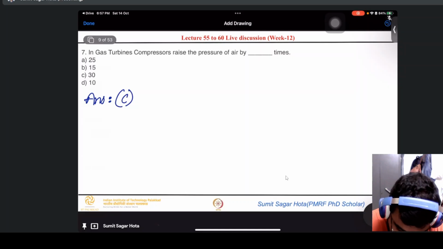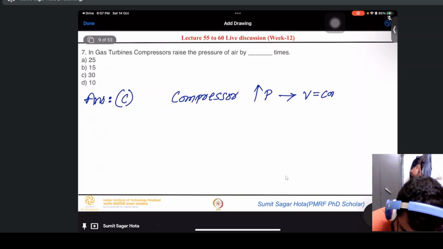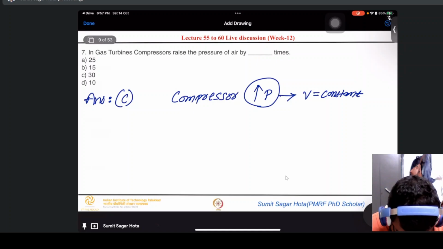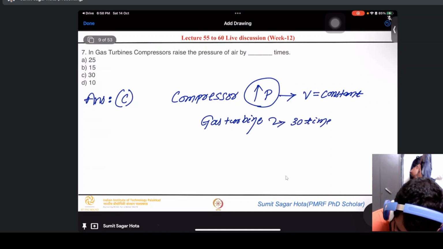What is the work of the compressor? The compressor increases the pressure, and in a gas turbine it raises it by 30 times.